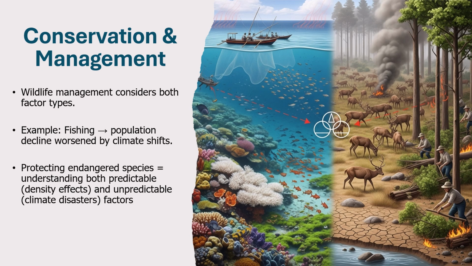Recognizing these dual pressures allows targeted management, mitigating predictable outcomes like competition while preparing for unpredictable shocks like drought. Conservation programs thus operate not just to save species but to plan for resilience under both steady population feedback and sudden catastrophic density-independent events.